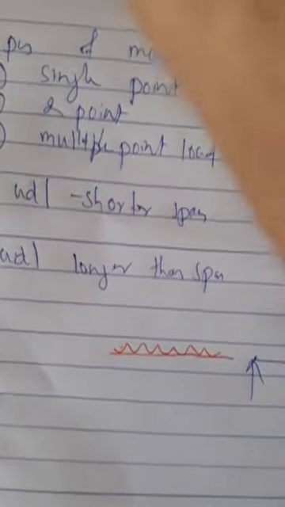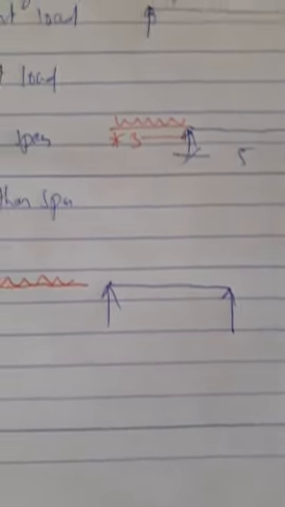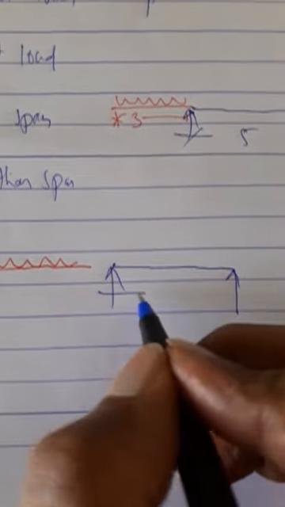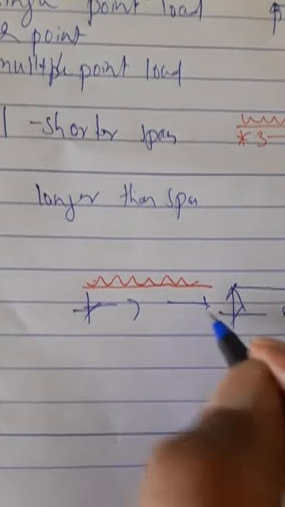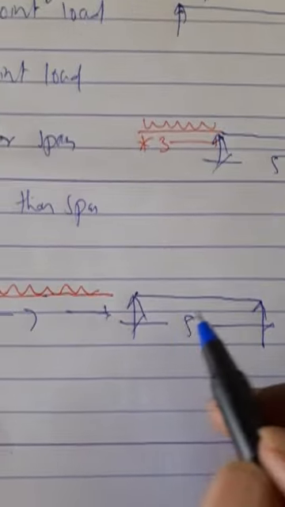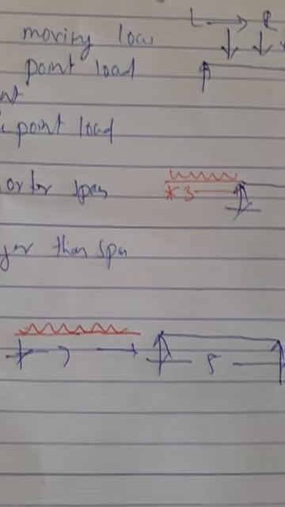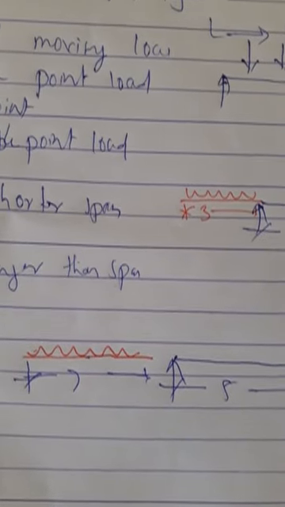Say span of the beam is 5 meters and span of the UDL is 7 meters. So span of the UDL is greater than span of the beam. So these are the various cases which you will be studying.